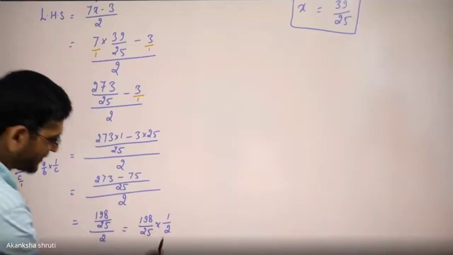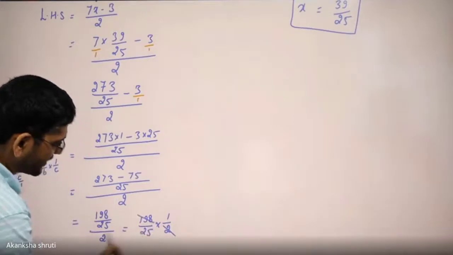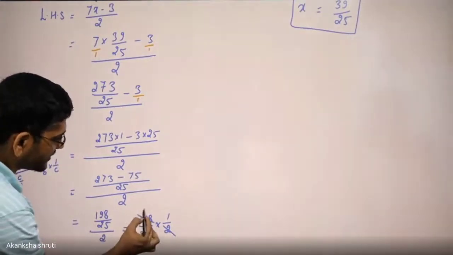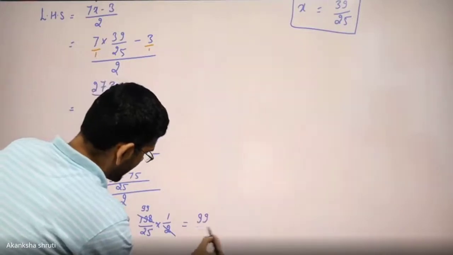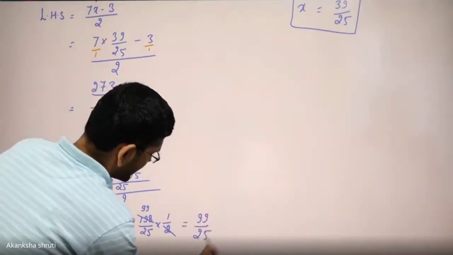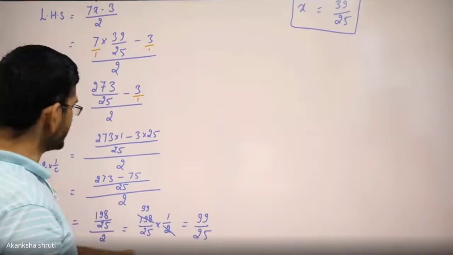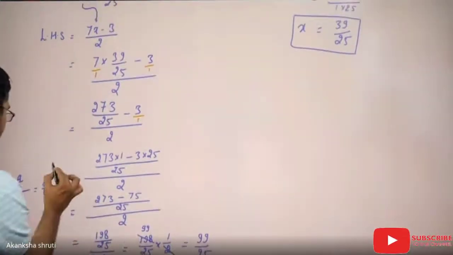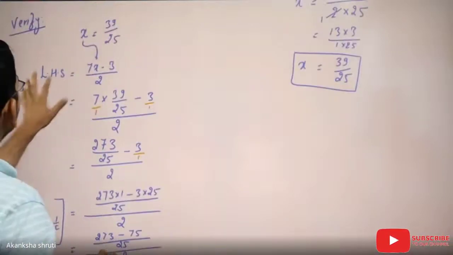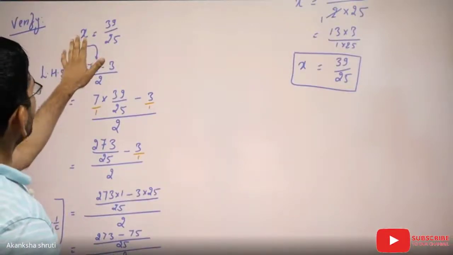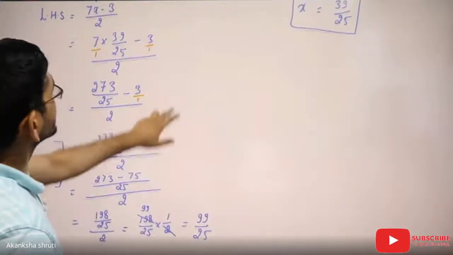We can simplify further. This 2 will go 99 times, so this is 99 by 25. Student, 99 by 25 is the value of LHS. Here, on substituting this x, the LHS is coming as 99 by 25.